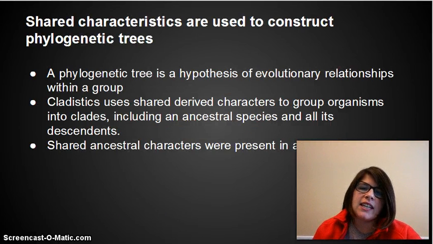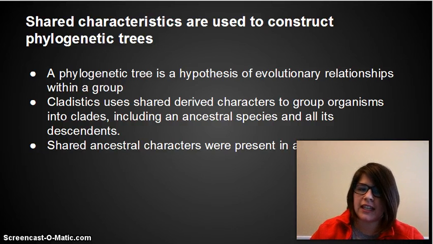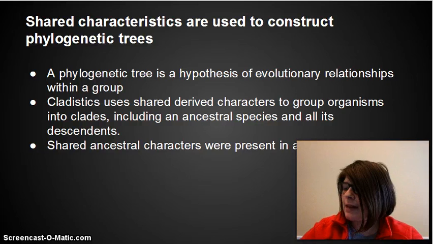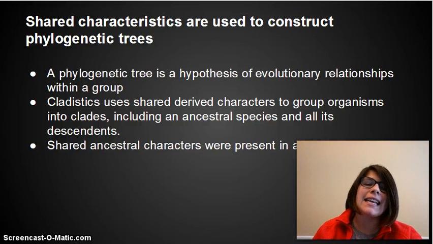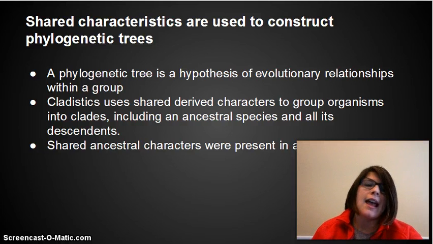Okay, so we have shared characteristics that are used to construct a phylogenetic tree. A phylogenetic tree is a hypothesis of evolutionary relationships within a group. So what that means is that it is not the gospel truth. It is a hypothesis, which remember is an educated guess based on evidence that we have found.